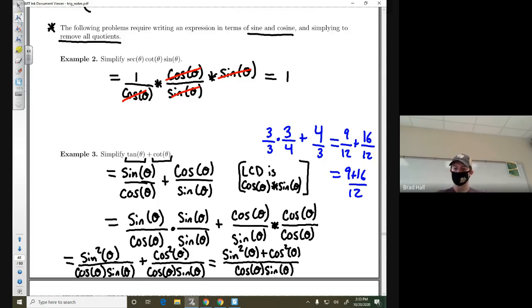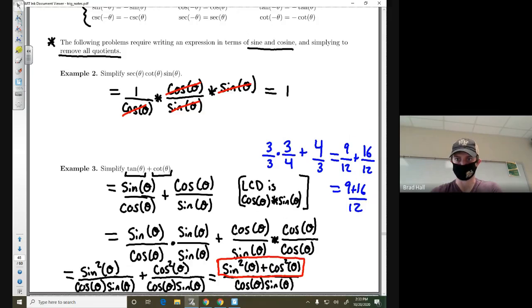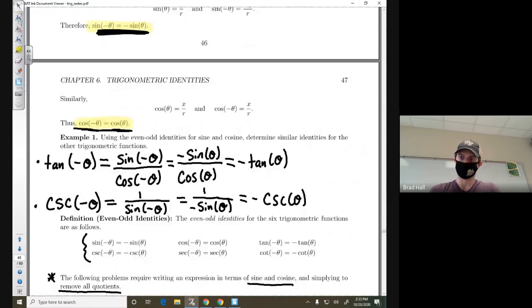So you might think, how is that more simplified? The answer is we're not done, because I see a formula in plain sight. You might think, I don't see anything. How about we keep this numerator, just keep an eye on that, and go on a trip to the formulas up here.